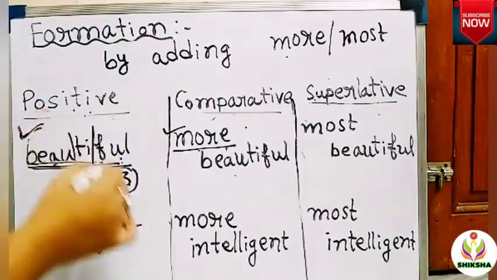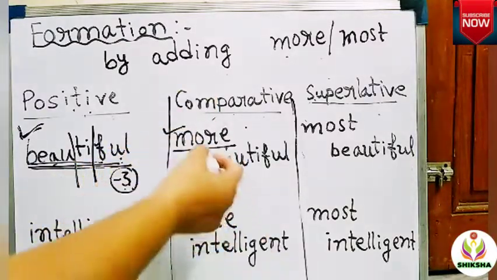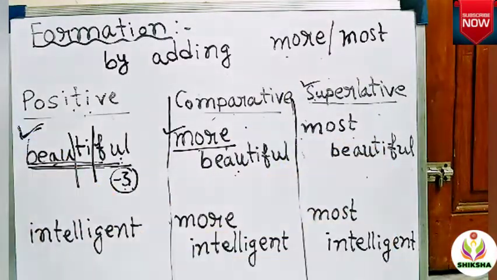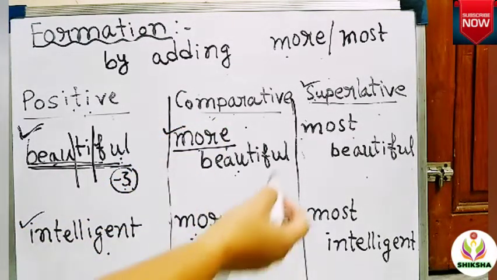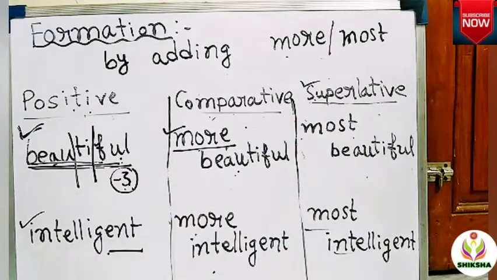As in this word we have more than 2 syllables, we have to make the comparative form as more beautiful and the superlative form as most beautiful. Similarly, the word intelligent is in positive form and the comparative form of intelligent will be more intelligent and the superlative form of intelligent will be most intelligent.